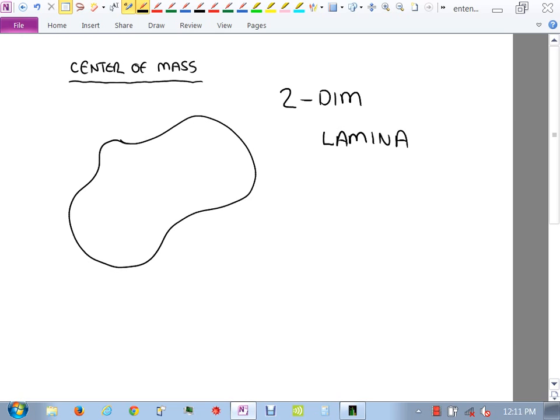And the importance of this is that if every physical object has a center of mass, then when you get to physics, you can look at every object as a point mass instead of as some weird, crazy shape. Instead of looking at a car going down a road, you look at a point going down a road, and the point is its center of mass. So finding centers of mass makes sense.